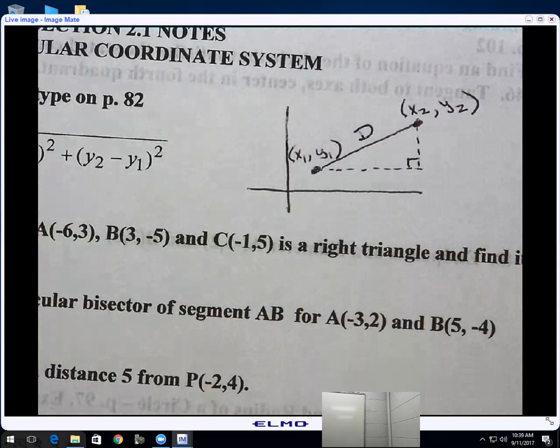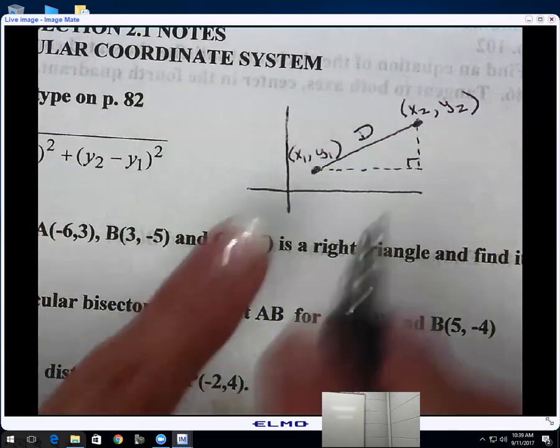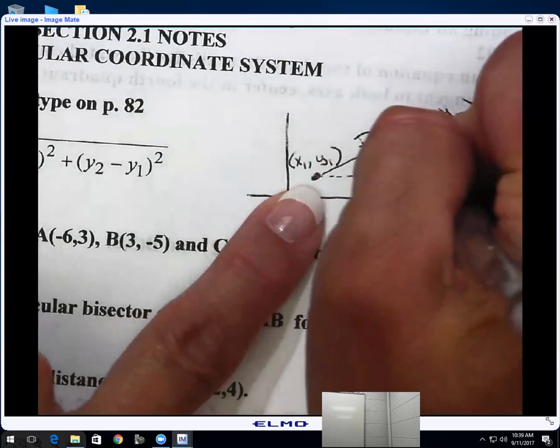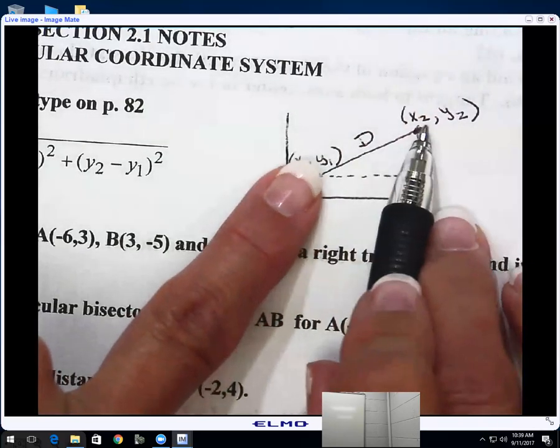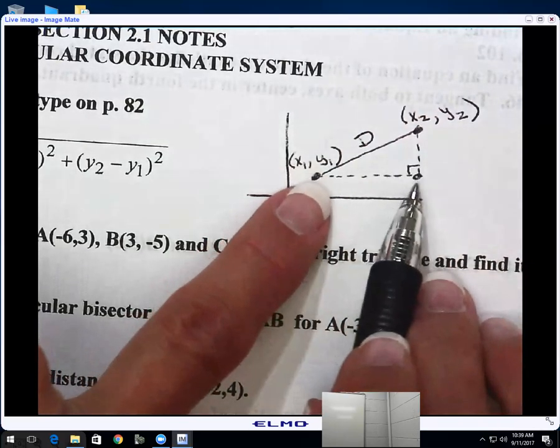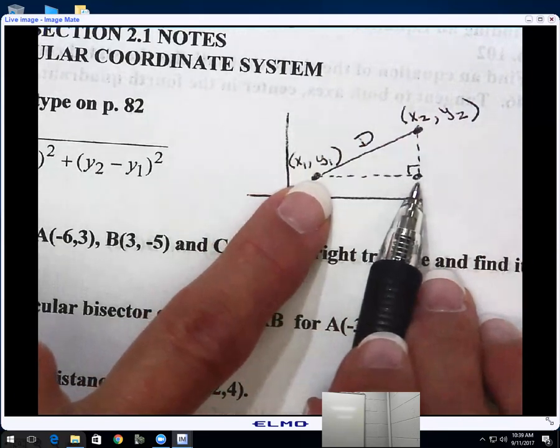What's the most famous thing that you know about right triangles? Pythagorean theorem: leg squared plus leg squared equals hypotenuse squared. How could you get the length of this leg? Given these 2 points, how could you find that horizontal distance? I'm sorry, I can't count the blocks.